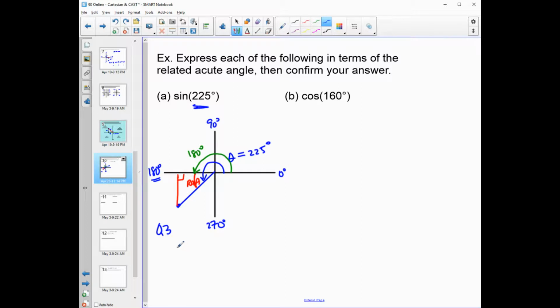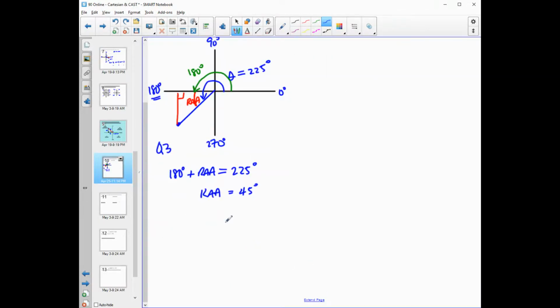So we end up with 180 degrees, and add the RAA, that must be equal to 225 degrees. So to know what the RAA is on its own, the related acute angle, that's just 225 minus 180. That's equal to 45 degrees.